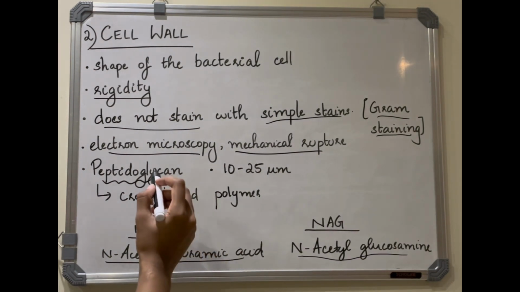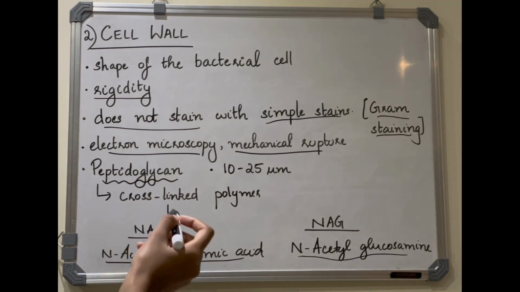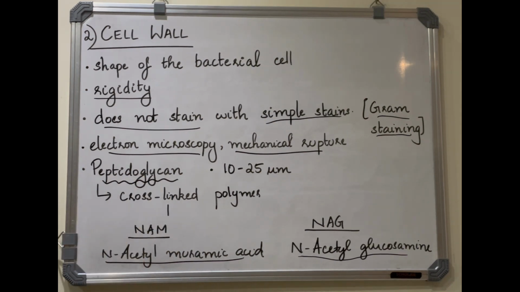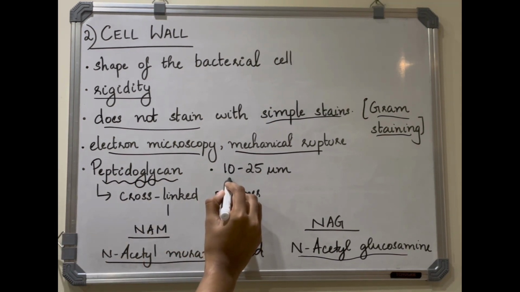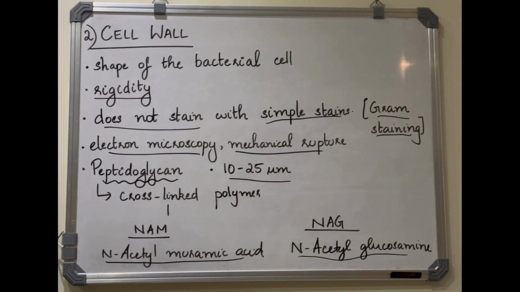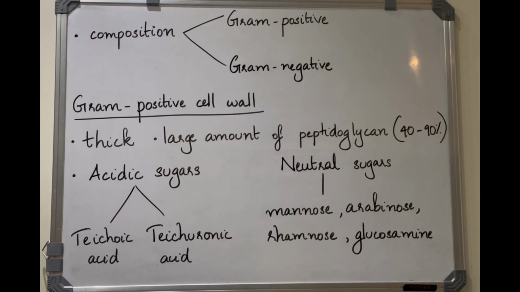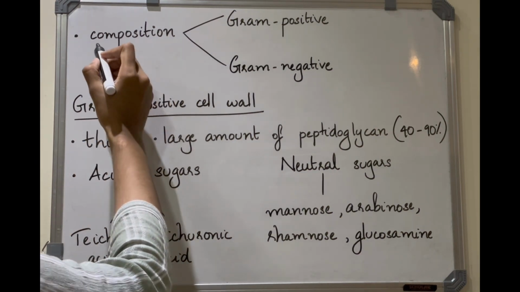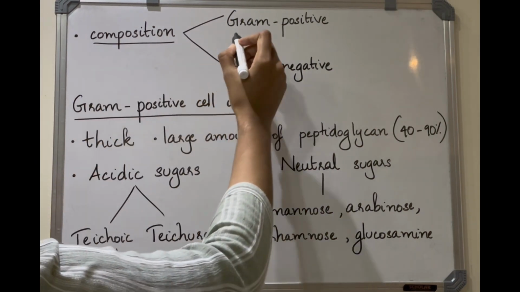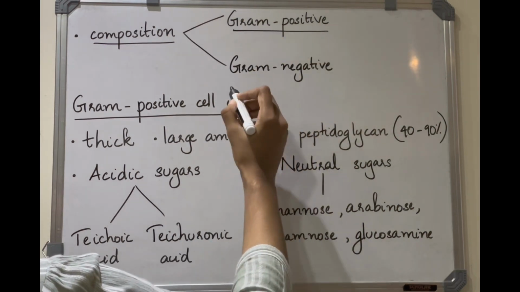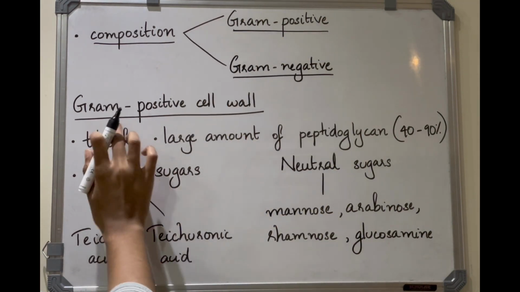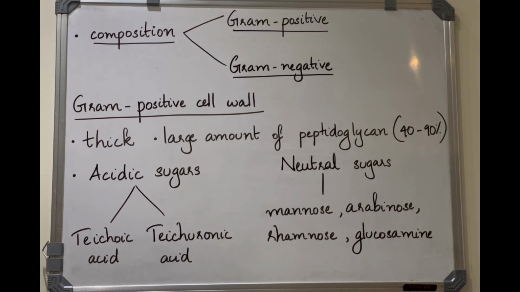This peptidoglycan surrounds the plasma membrane as an external coat, and it is 10 to 25 μm in thickness. Based on composition, the bacterial cell wall is classified into two types, that is gram-positive cell wall and gram-negative cell wall. So let's see what is the gram-positive cell wall.